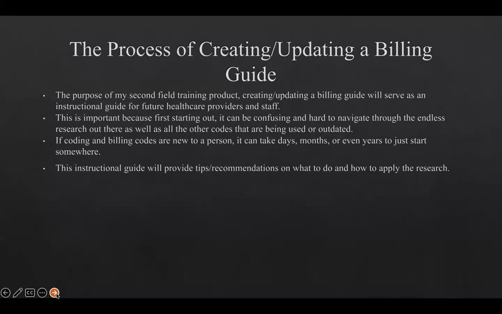So this guide provides support to anybody, a team, an individual, a healthcare provider, as it can take days, months, or even years to just start somewhere. This guide helps take you step by step through the process that I went through to create the billing and coding guide.